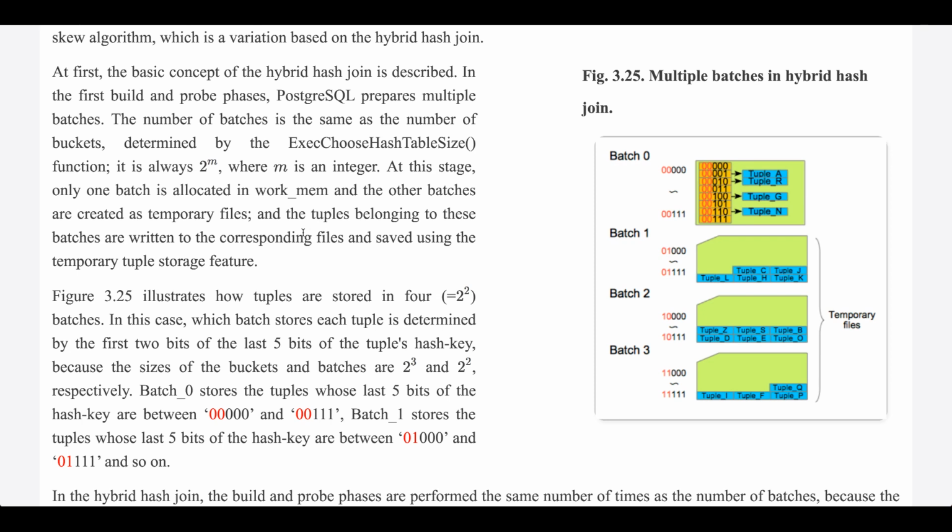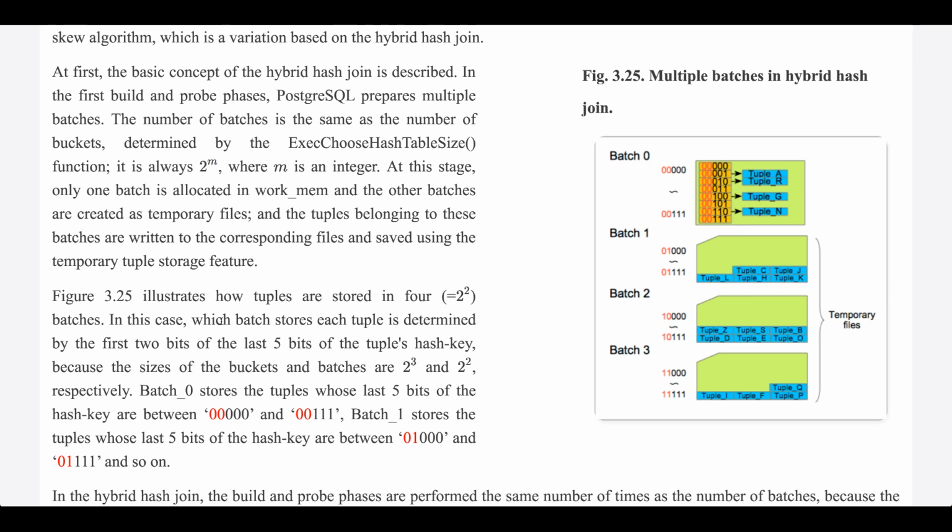Figure 3.25 illustrates how tuples are stored in 4 (2 to the 2) batches. In this case, which batch stores each tuple is determined by the first 2 bits of the last 5 bits of the tuple's hash key.